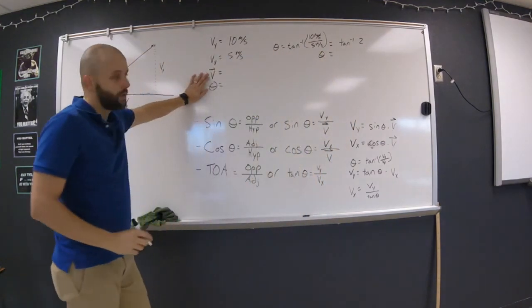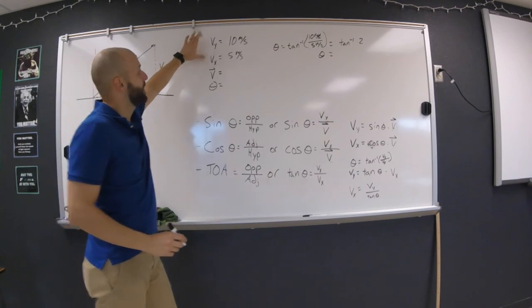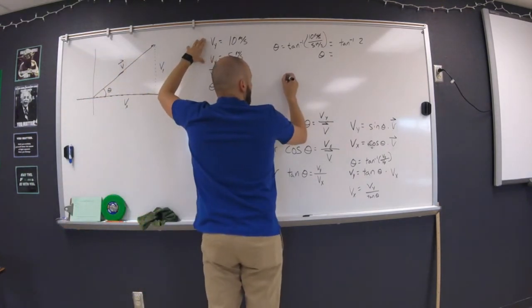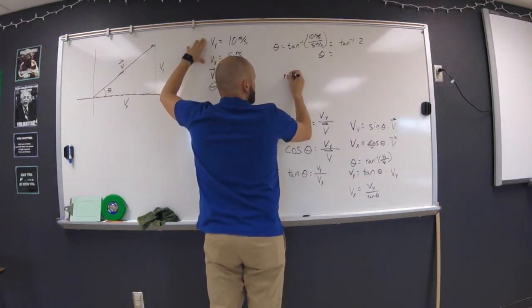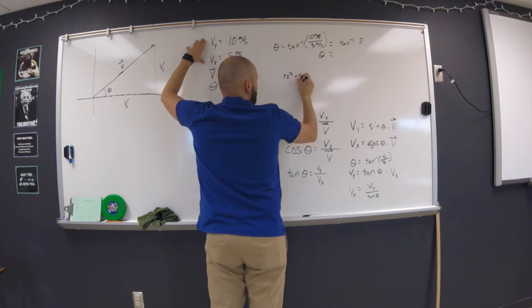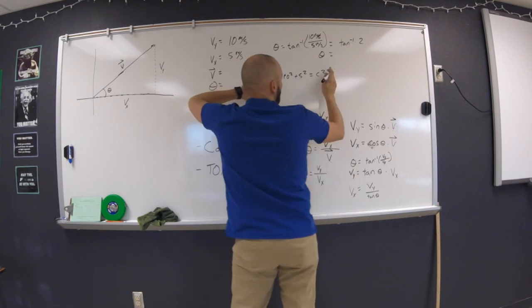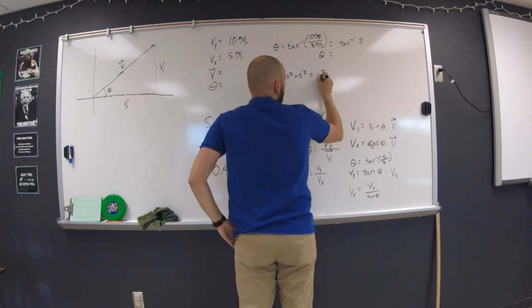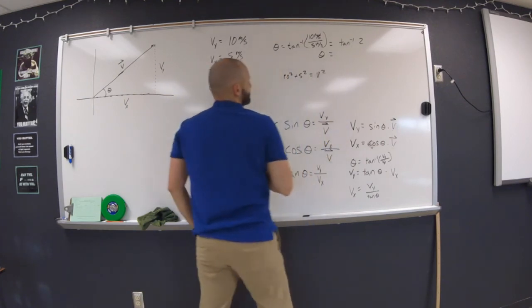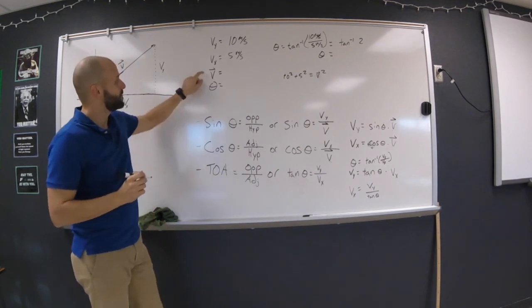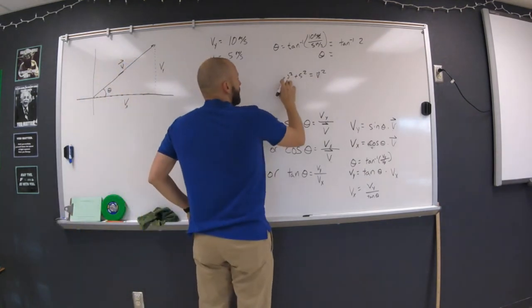To solve for your actual vector, we'll go ahead and use the Pythagorean theorem. So we'll have 10 squared plus 5 squared is equal to c squared, or is equal to v squared. That gives you the idea there to solve for this.